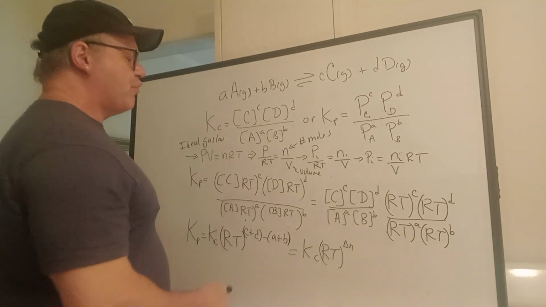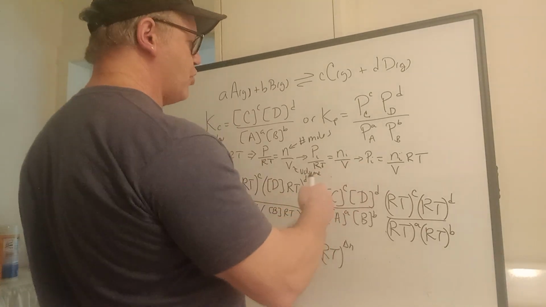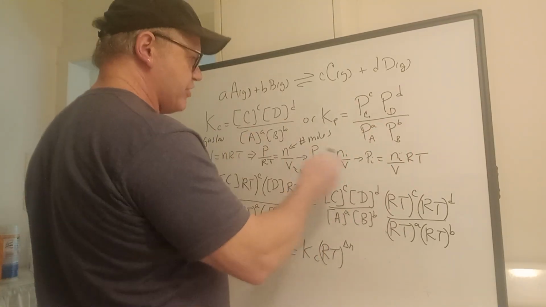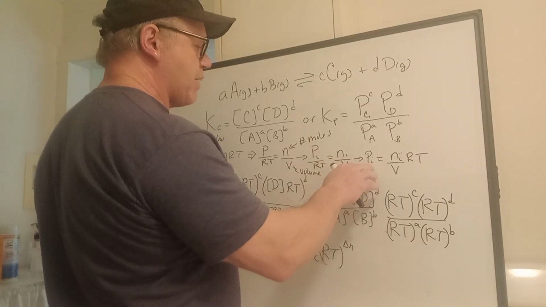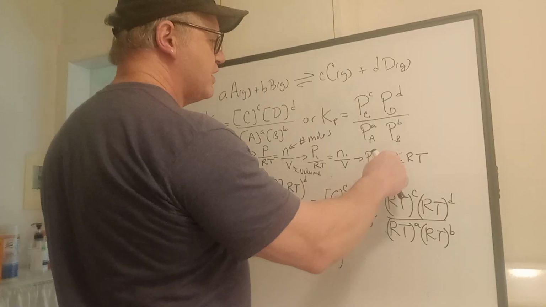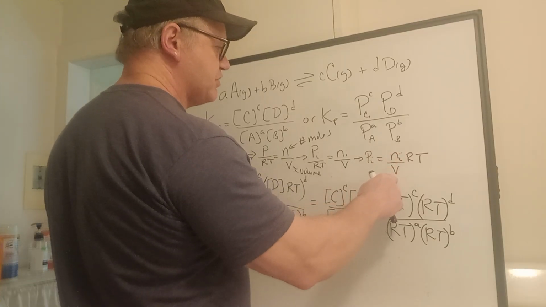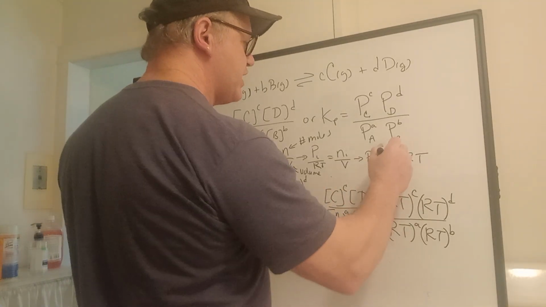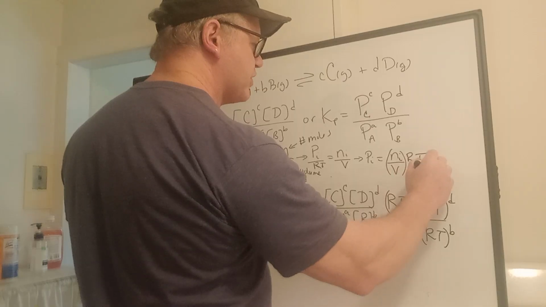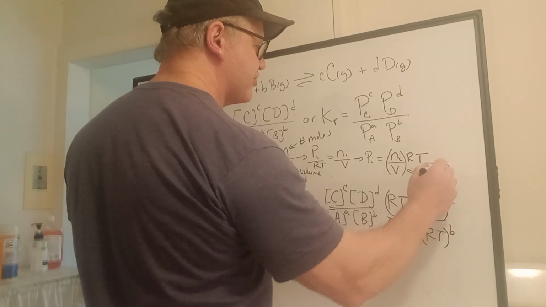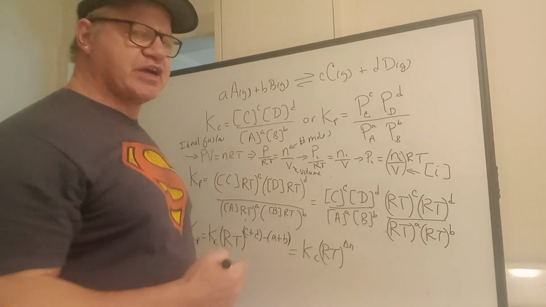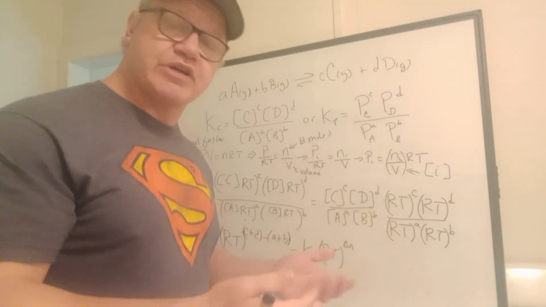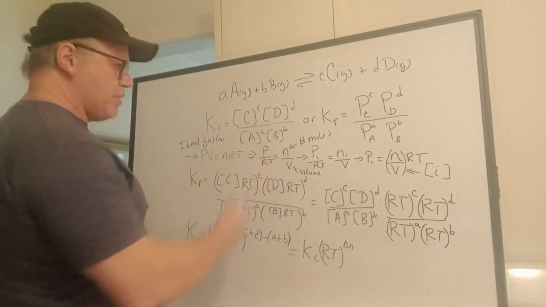So for the ith species, meaning a particular species like P sub C, the partial pressure of that particular species could have the moles for that species divided by the volume of the system, times RT. And this term right here would be the concentration of the ith species. I'm just putting an i in there to mean it's applicable to whatever chemical identity you're interested in, for example C, D, A, or B.